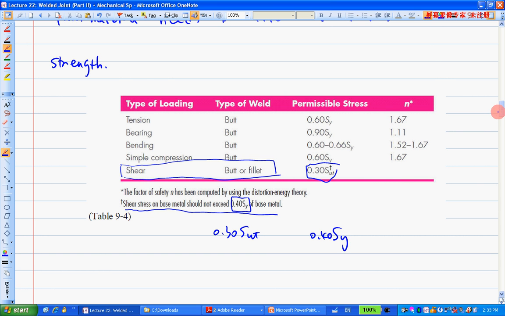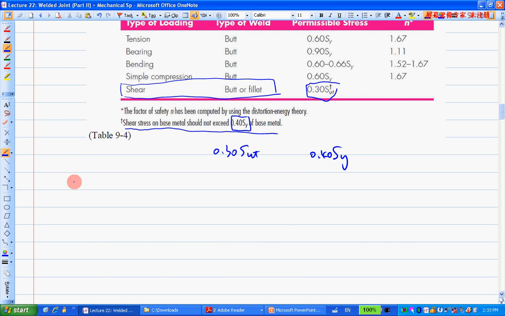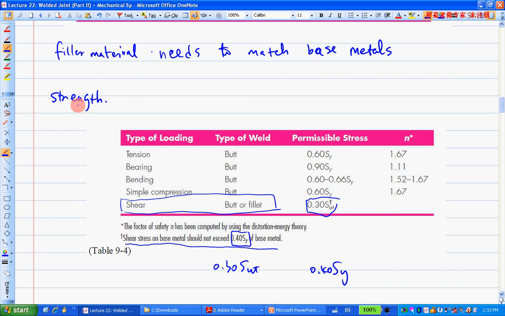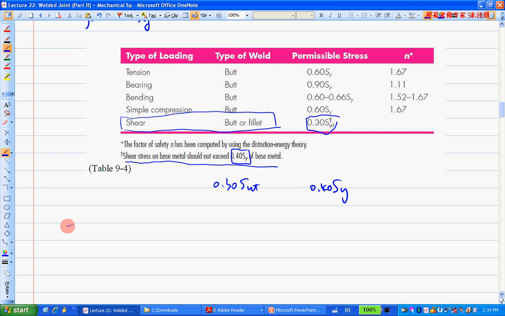Because we're comparing the shear stress, the strength we're looking at here is SSY, the shear strength, or the permissible shear strength. We can also call that tau allowable.